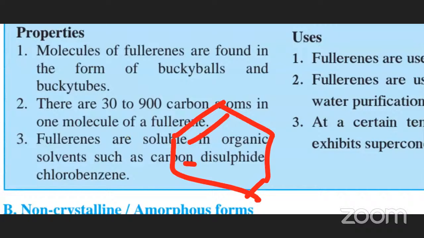This ring, in organic chemistry, this type of ring is known as benzene. And now when chlorine is attached here on the top, it is known as chlorobenzene.